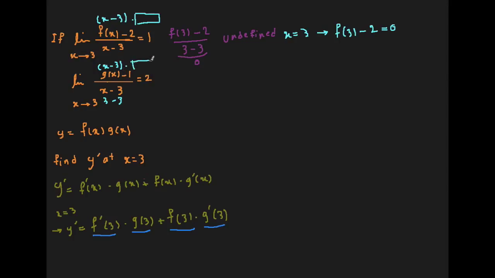So at x equals 3, the numerator would be 0.